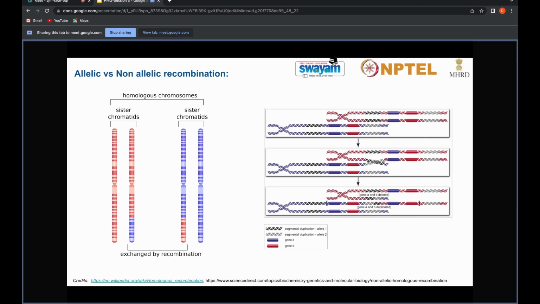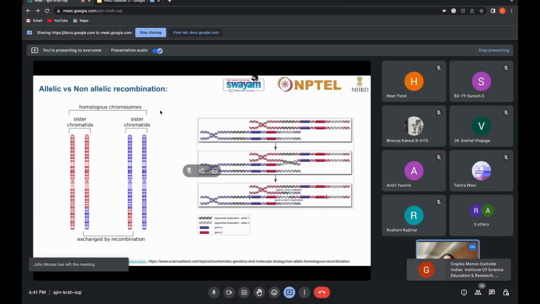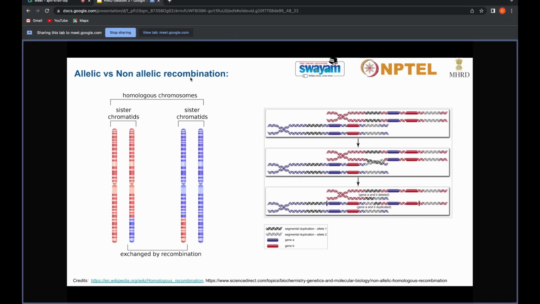Now let's look into the non-allelic as well as allelic recombinations. As we have seen in the allelic recombination, one of the alleles from both the parents is recombined, and the offspring will have a different combination of alleles. But what happens in non-allelic recombination?